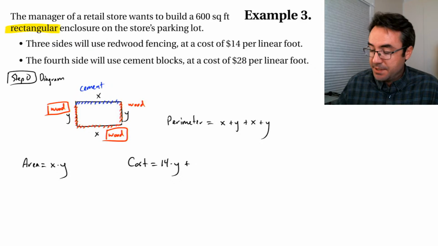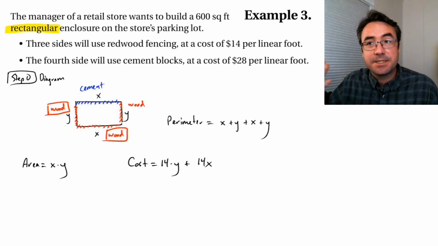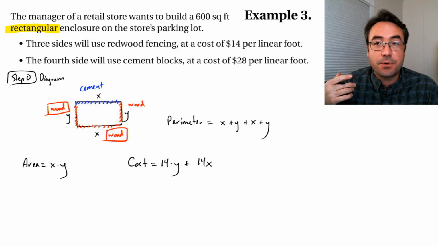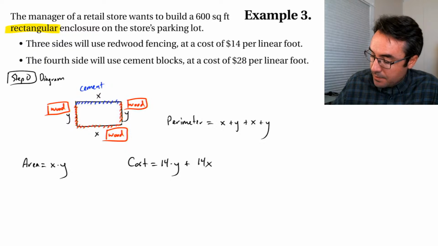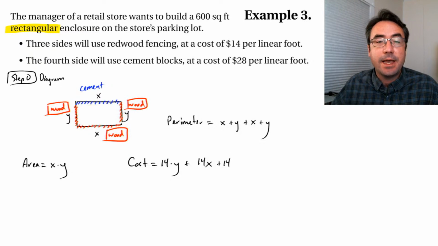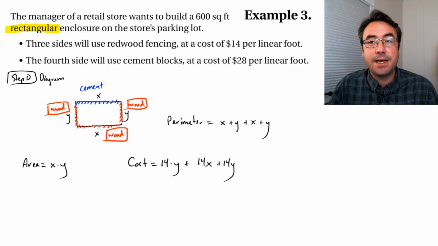That's also wood fencing. So it costs $14 per foot, and x is the number of feet, number of units of length. So the cost for that side is 14 times x. Then for the right side, cost is $14 per foot, and y is the number of feet. So 14 times y is the cost for that right side.